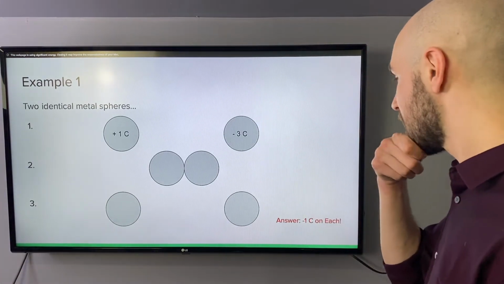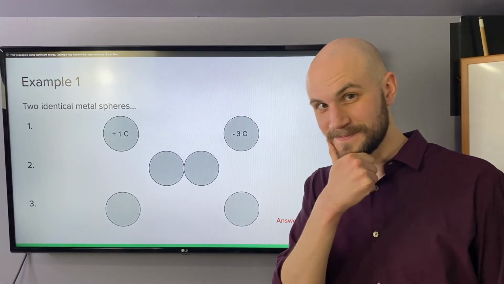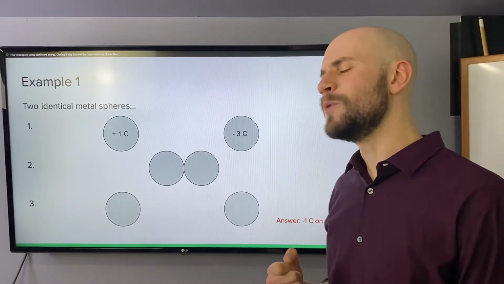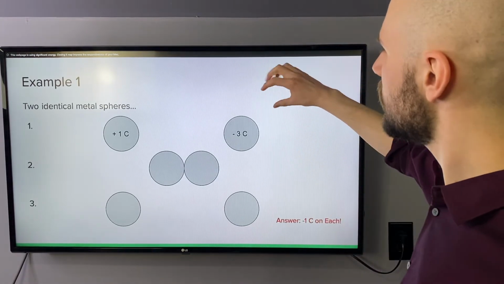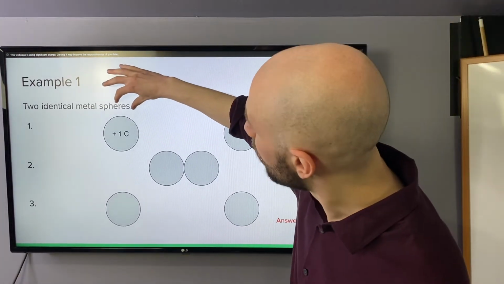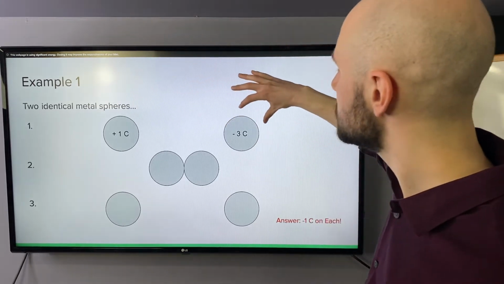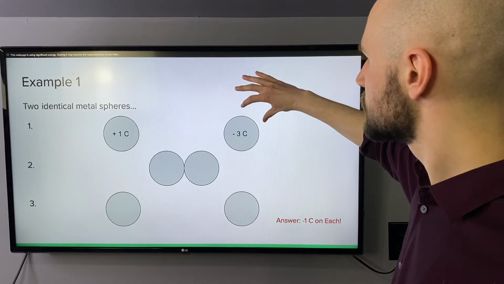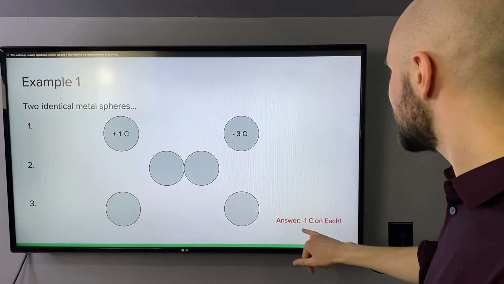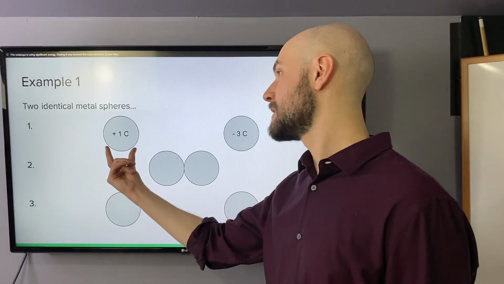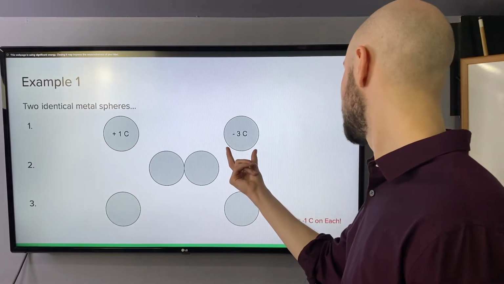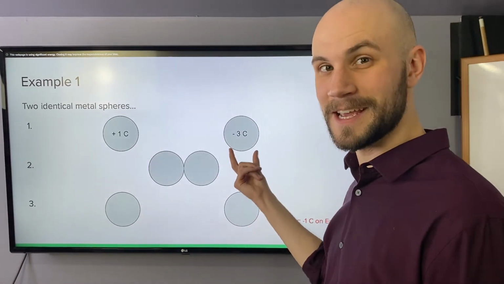Okay. Bonus question for you. Which way did the charges flow? Did charge flow from this sphere to this sphere, or from this sphere to this sphere? Well, we end up with a -1 Coulomb charge on each one. So this one became negative, this one became less negative, right?